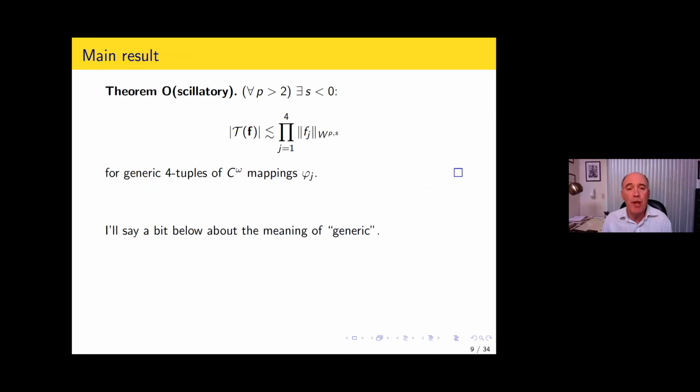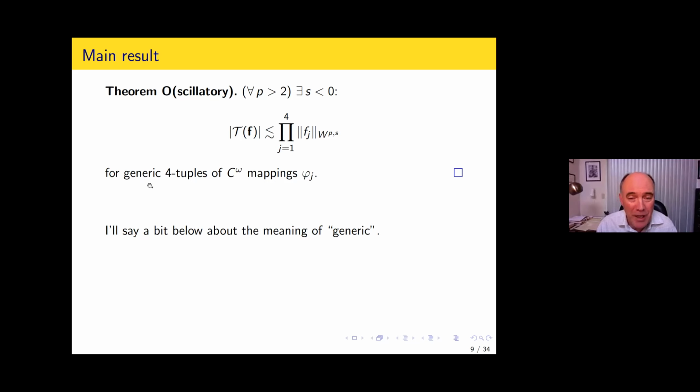Okay, so here's the main theorem. It's Theorem O, for oscillatory, and it simply says that there exists a negative Sobolev exponent s, so that my form is majorized by a product of the negative order Sobolev norms in the case where we have exactly 4 factors and where we're integrating over a ball in R2. There has to be an assumption, since there are examples where this doesn't hold.